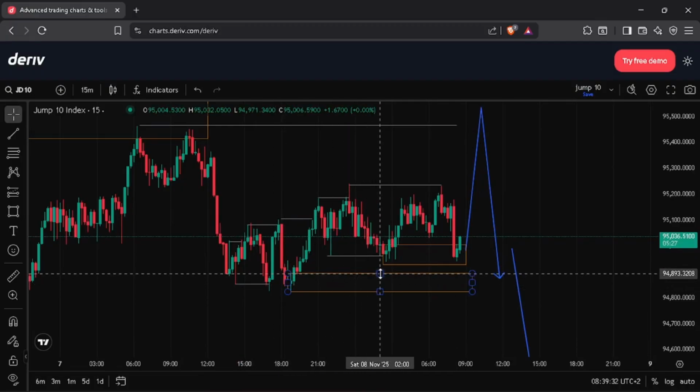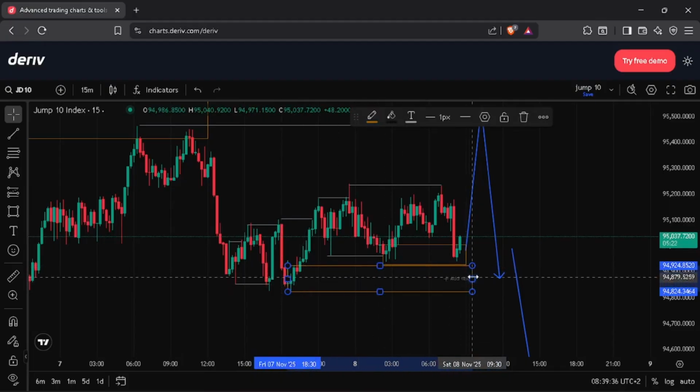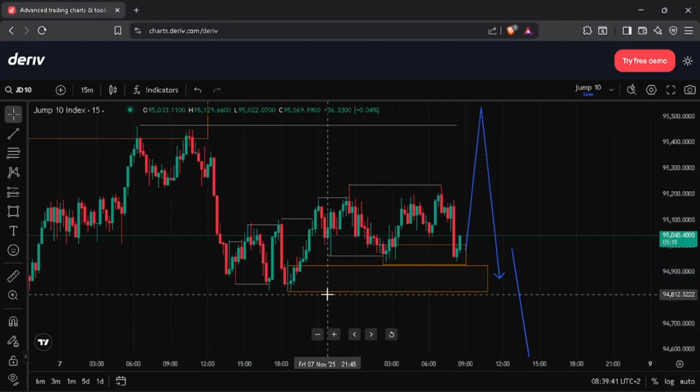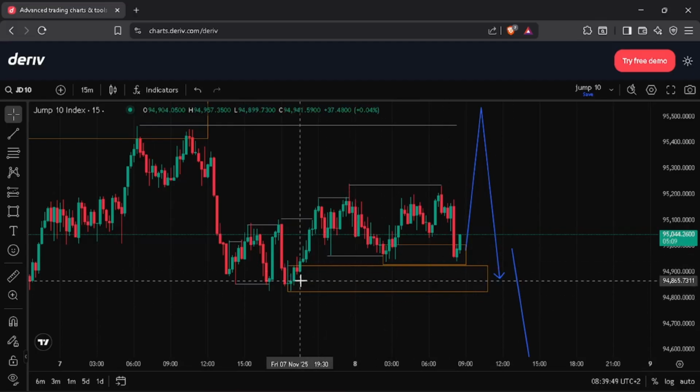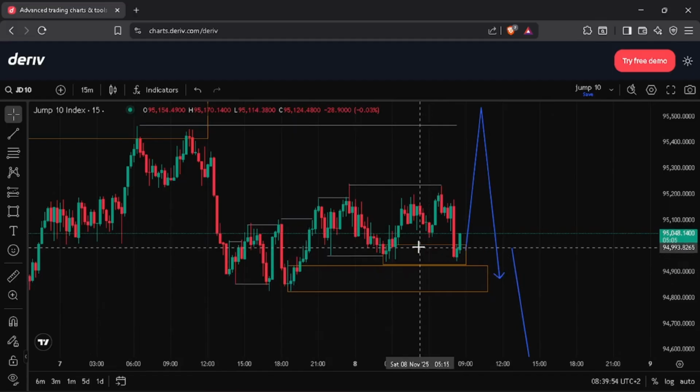But I don't mainly take this candle as my support. I like to place it from this second candle before the support, because sometimes these trades don't normally go for your order block. Sometimes they go for your breaker blocks and stuff like that. So I'm gonna use these two candles as my support.